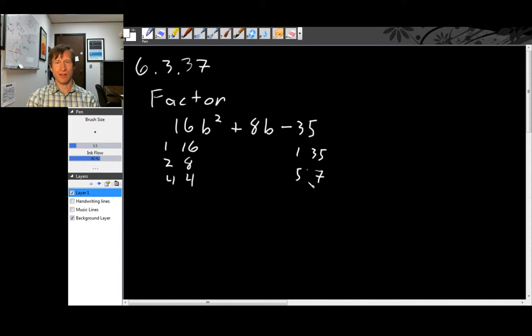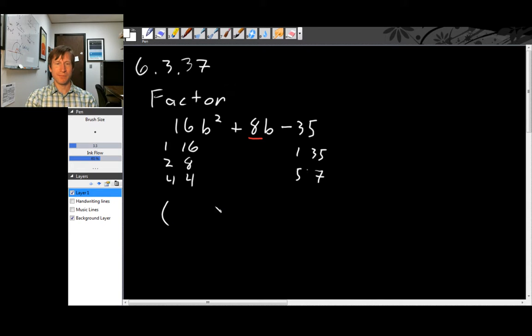Also, for the 35, we're going to need a minus sign on one of these two, but we aren't sure which yet. Because this middle coefficient is 8, that's not that big, I think the 1 in the 16 and the 1 in 35 probably aren't going to be what I need, so probably we're looking for factors that are smaller.